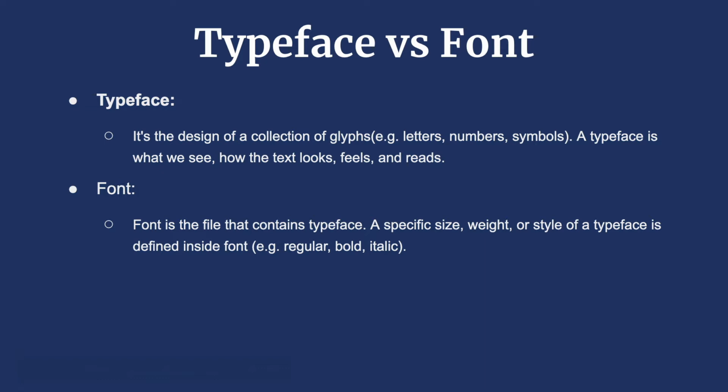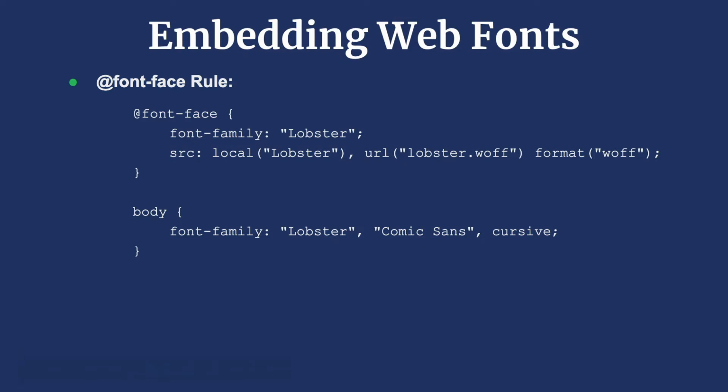Alright, now let's see what are the things that we can do with the text. Let's see how we can embed web fonts. In the past, we were limited to a small number of typefaces that we could use for a website. The fonts installed on the computer were only available on the website, but now we can embed any font based on our choices.